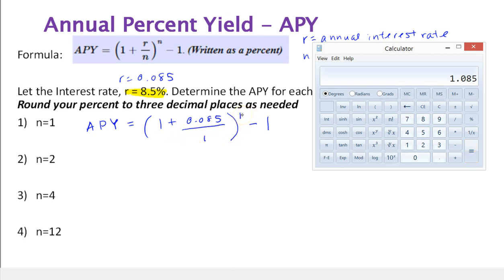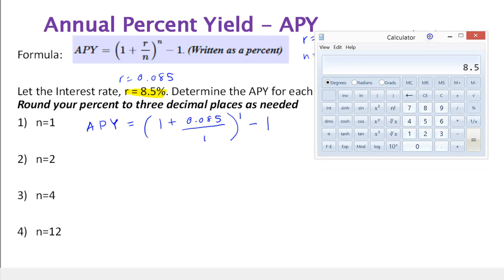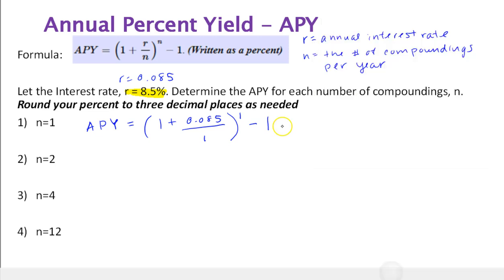Raise it to the first power. Again, that's itself, but we just want to do the same process for all of these. Subtract 1 for this part, and multiply by 100 to change it to a percent. And we have 8.5%, which should look very familiar.